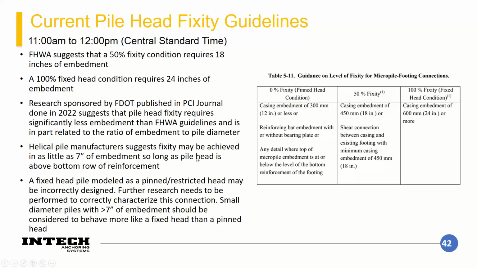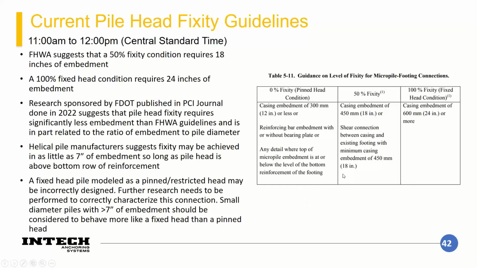Basically, everyone is coming to the same conclusion that your fixed head condition is a combination of your shaft size and where you're at, above or beneath your reinforcement in your foundation. The overall finding is that this is a huge over-conservative assumption on your pile head fixity condition.